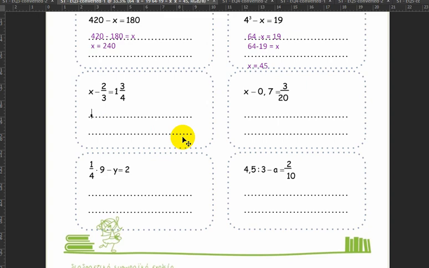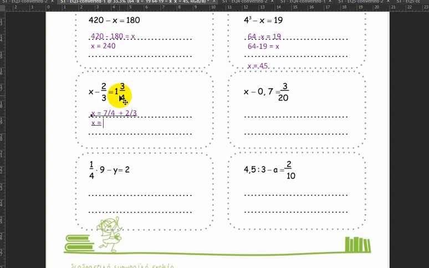x minus 2/3 is equal to 1 3/4. Now, I'm going to say that x is equal to, first of all, I'm bringing 2/3 to the other side, so it's going to become plus 2/3. But at the same time, I'm going to convert the mixed number into an improper fraction, so I can do the addition here. 1 3/4 is equal to 4 times 1, 4, plus 3, 7/4, plus 2/3.